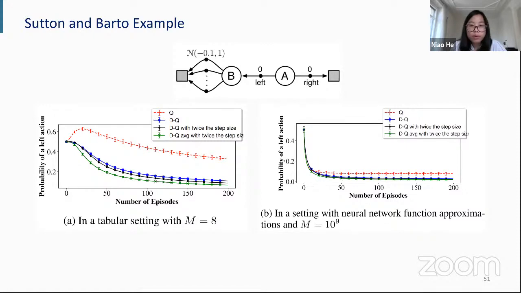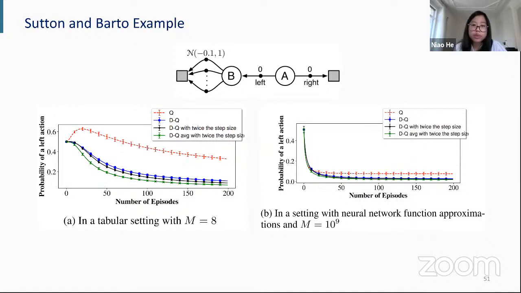So Q-learning with neural network function approximation does not really have any maximization bias at the very beginning. But still, in this case, double Q-learning performs slightly better than Q-learning, and especially in terms of asymptotic mean squared error, it is much better.